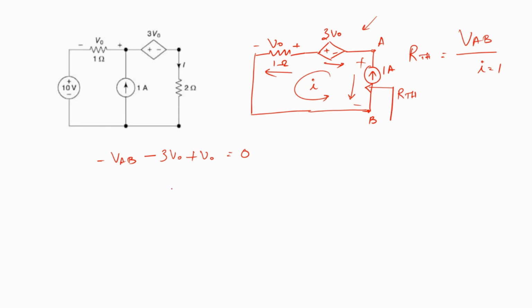So now what we get here is, we get minus 2V naught is equal to VAB.